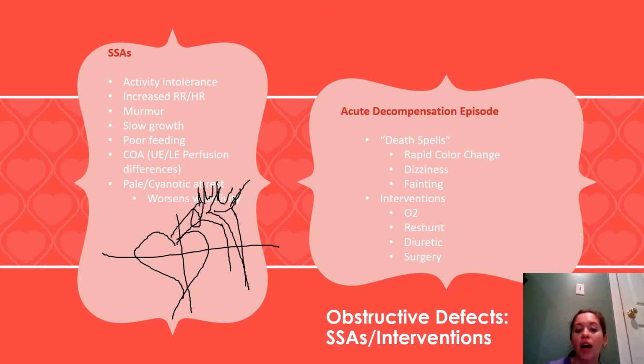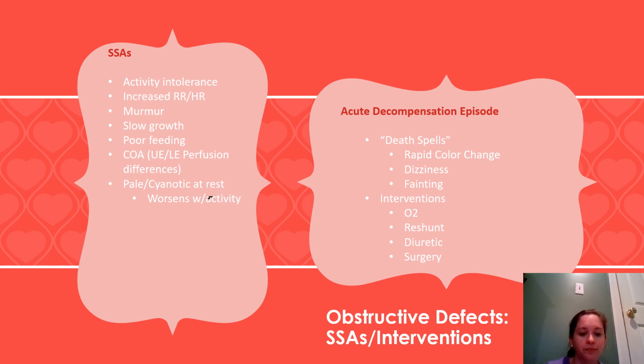So the entire body is going to be in a poor perfusion and poor oxygenation state. So overall, with these types of defects, we're going to see activity intolerance, we're going to see increased respiratory rate and heart rate because of the overworking of the heart to try to pump out the blood from the left side of the heart to the aorta and out to the body.